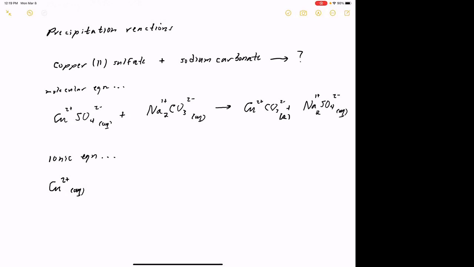I'm going to do the same with the sulfate. See how the copper 2 sulfate breaks up into its component ions to give you copper 2 ion and also sulfate ion.